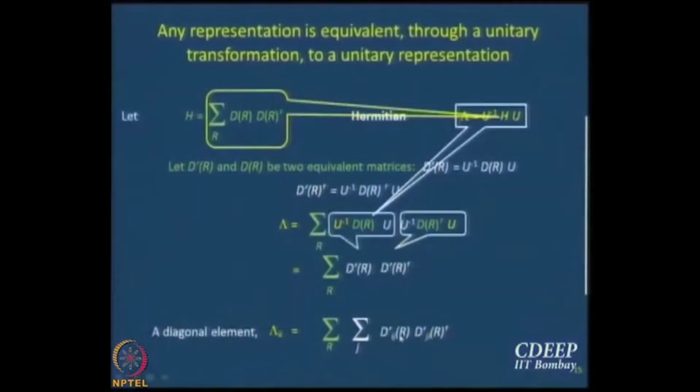Okay. So are we all okay with this notation? Sum over j, dji prime r multiplied by dji prime r dagger. Okay with this? The advantage of that is that I write this here. What is the first one? The first element is dij prime r, second one is dij prime r star, right.